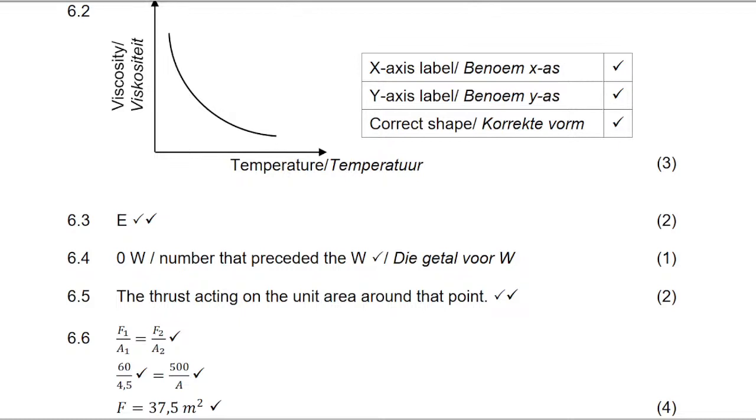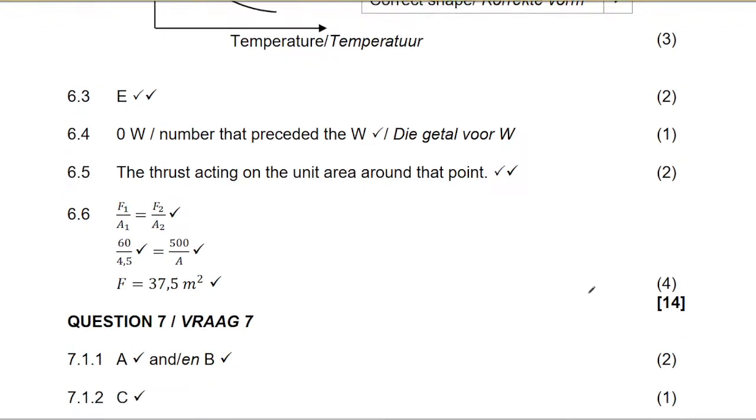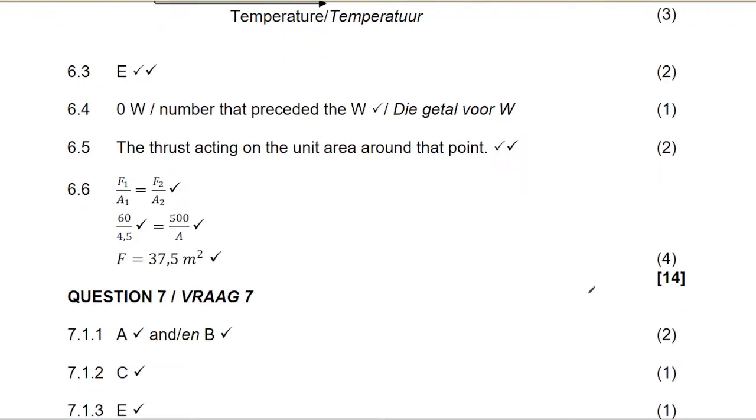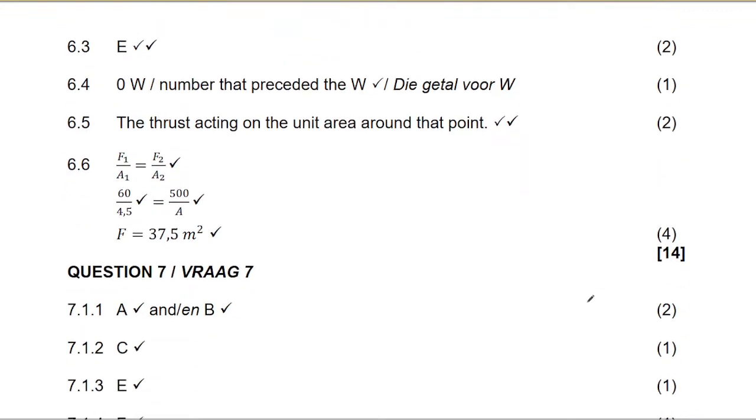6.5, a bag that must be compressed with a force of 500 Newton is placed on a bigger piston. The maximum force F1 of 60 Newton is applied on a small piston with an area of 4.5 cubic centimeters as shown.